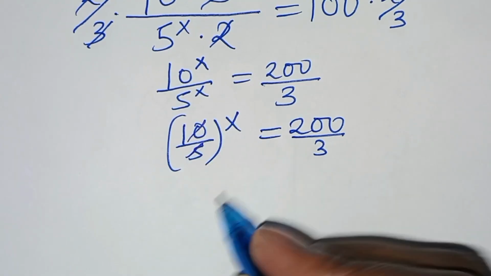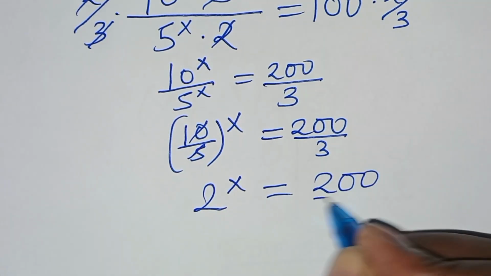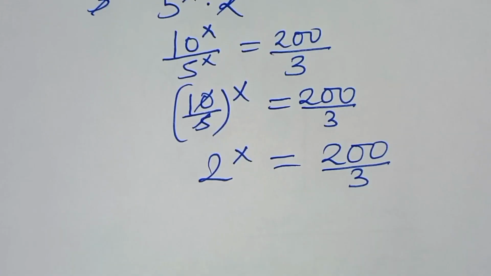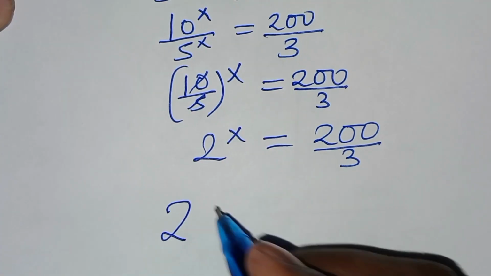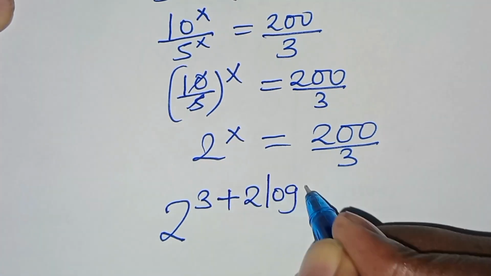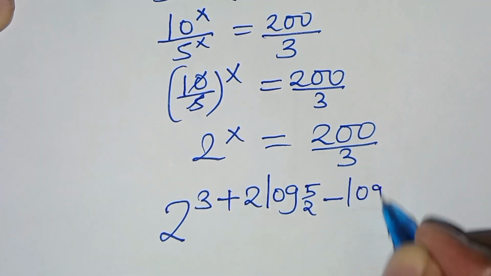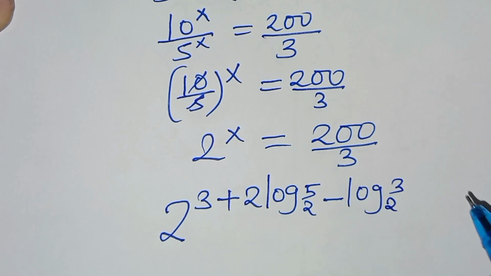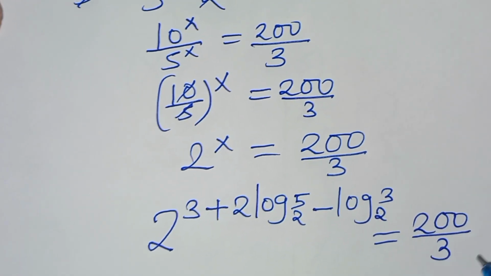So now this implies that 2 to power x is supposed to give us a value of 200 over 3. So let's substitute the value of x. We have 2 to power 3 plus 2 log 5 to base 2, subtract log 3 to base 2. This is supposed to give us a value of 200 over 3.